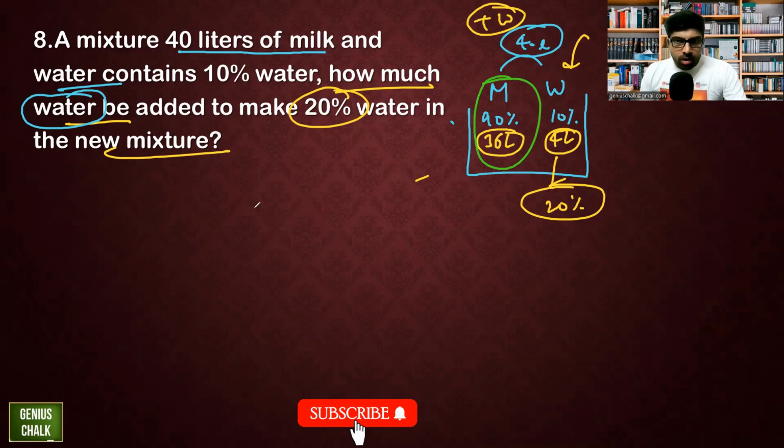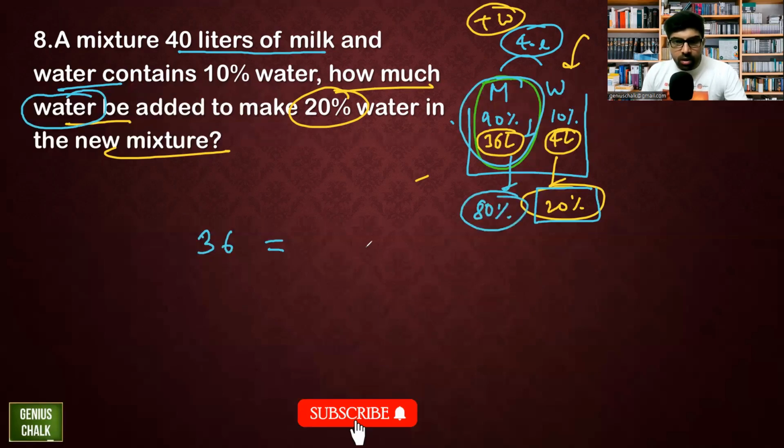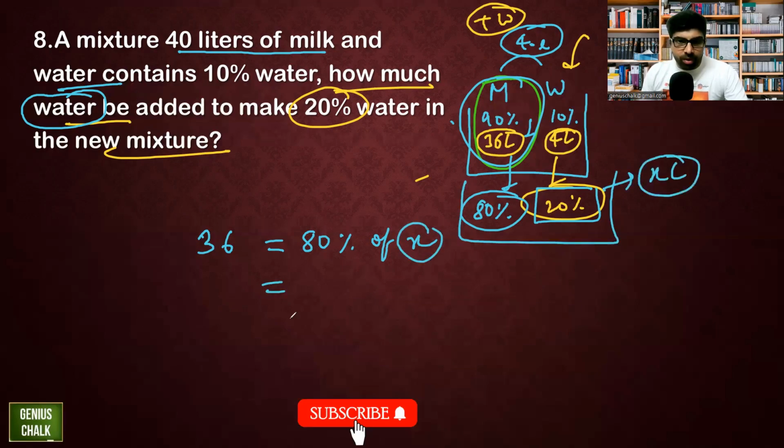You see, earlier milk was 90%. That means its value was 36 liters. So this 36 liters will be the same in the new mixture. In the new mixture, if we have 20% of water, can I say there will be 80% of milk? So this is 80% of the new value. We are assuming that the total new mixture is X liters, right?